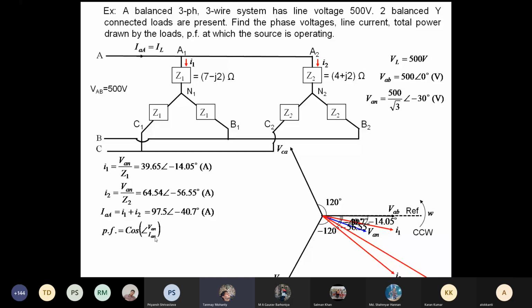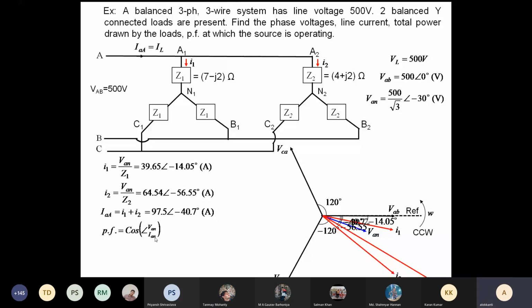So I1 square into 7 plus I2 square into 4, times 3. You can do that, but if your question asks you to show the phasor diagram, it carries half of the marks.